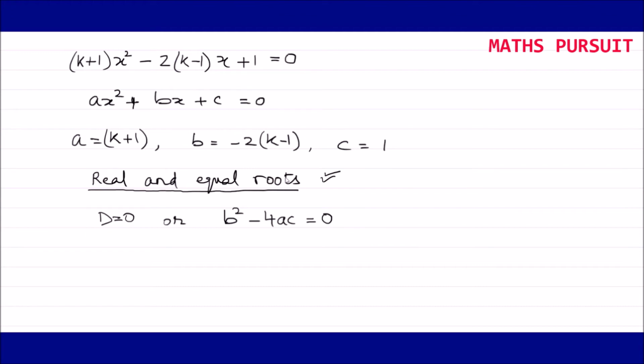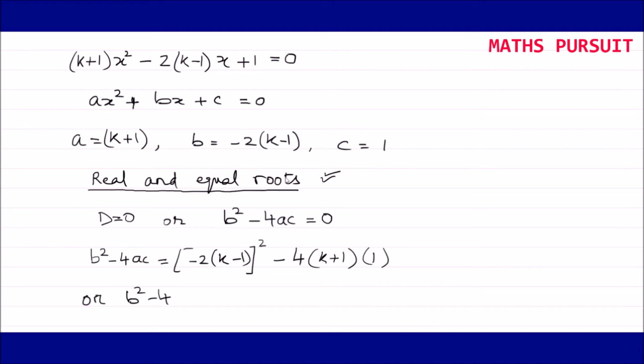Now let us find out the value of b^2 - 4ac, let us solve this equation that we got here. So b^2 - 4ac can be written as: b value is -2(k - 1), squared, minus 4 into a value k + 1 and c value 1.